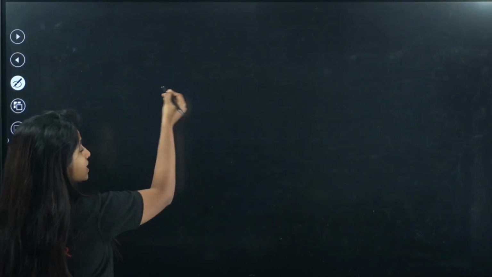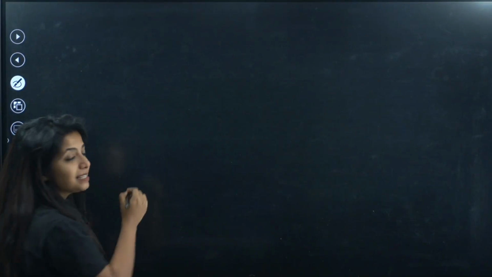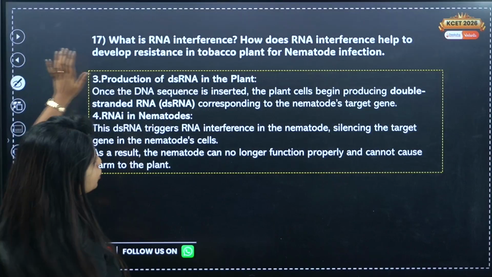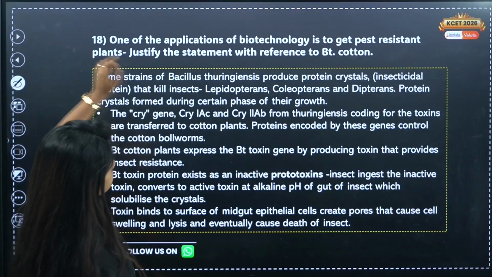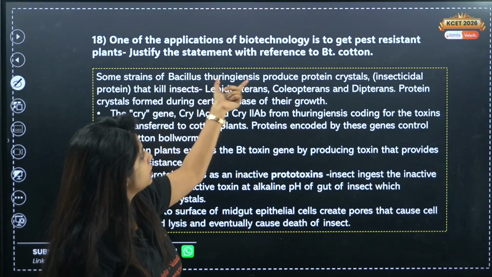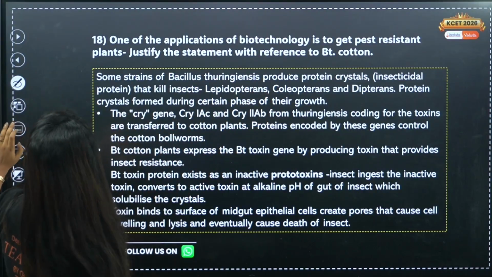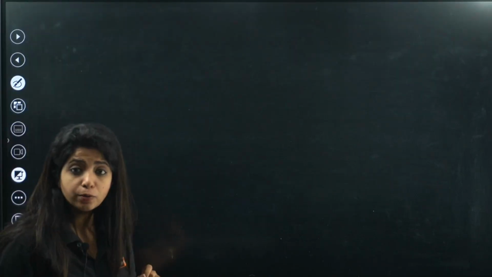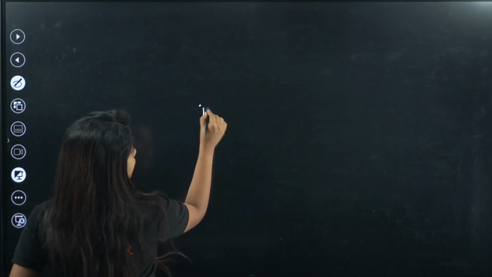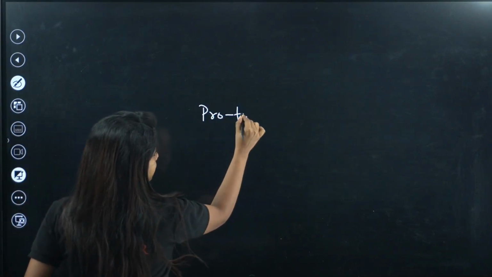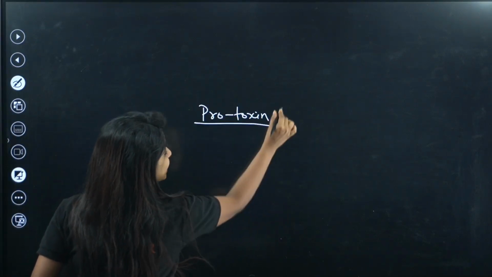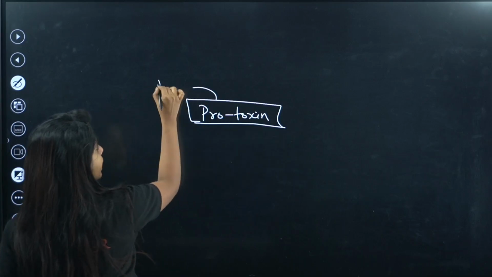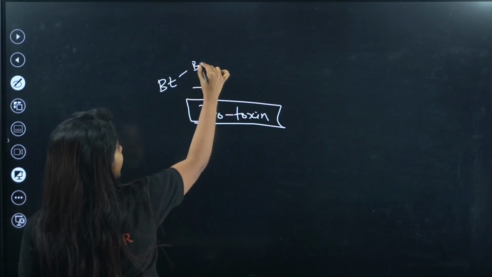So, there is a bacteria that is known as Bacillus thuringiensis. The spelling of it is like this. Bacillus thuringiensis. Okay. Now, this particular bacteria produces a protoxin. A protoxin means it is an inactive toxin. Now, this is produced by what? This particular bacteria.